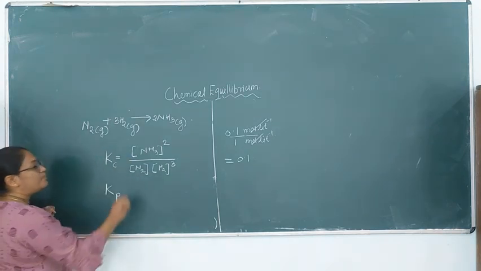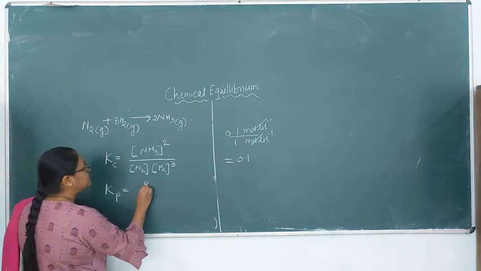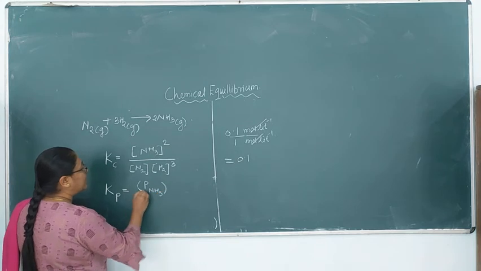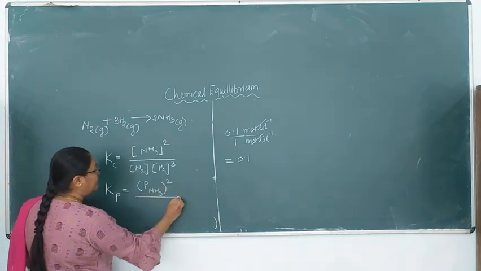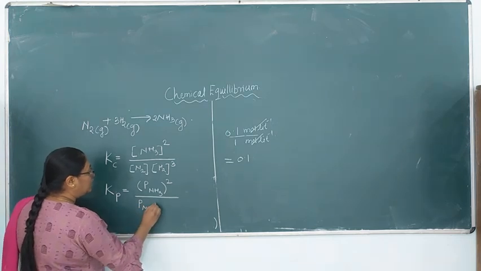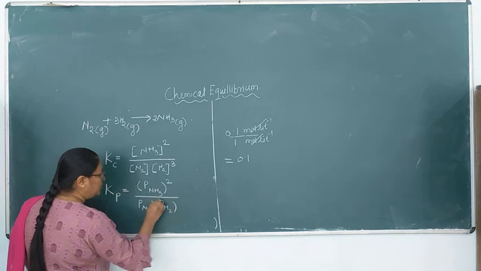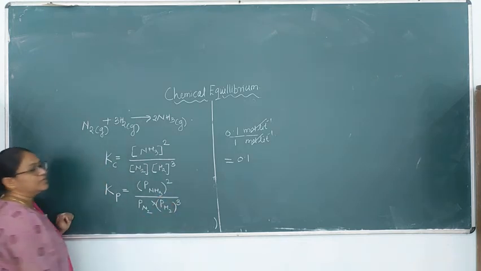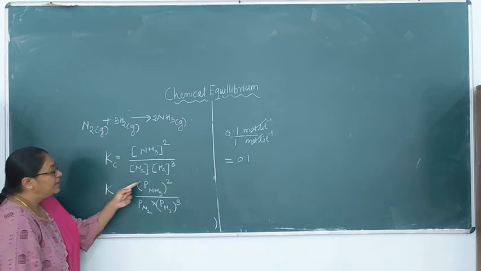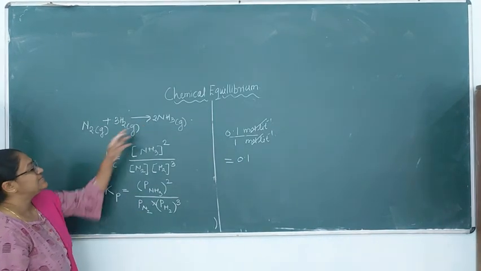Here, when the pressures of the gases are considered, the equation becomes partial pressure of ammonia squared divided by partial pressure of nitrogen into partial pressure of hydrogen raised to 3. So this is Kp. Why Kp? Because the partial pressures of these gases are taken.